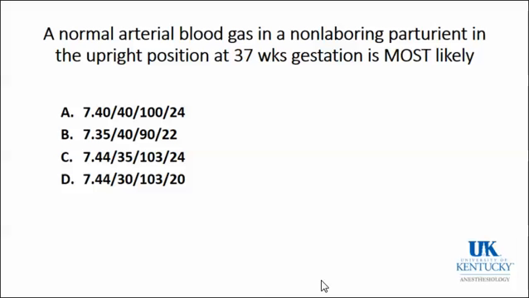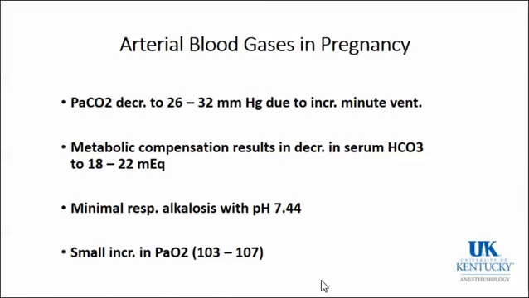So looking at this, a normal arterial blood gas in a non-laboring parturient in the right upright position at 37 weeks gestation is most likely... And so the answer is going to be that because of that increased minute ventilation, you are going to see a decrease in your PaCO2, somewhere between 26 to 32, around 30.